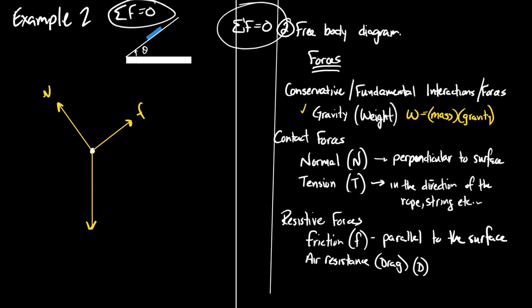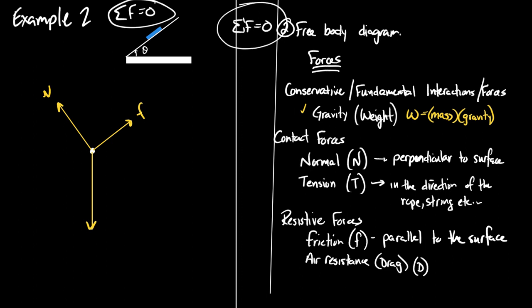Now, hear me out. We want to apply a coordinate system based on my two priorities. Priority number one is to direct the positive direction in the direction of an acceleration. There's no acceleration here. Priority number two, to try and align the coordinate system with as many forces as possible.